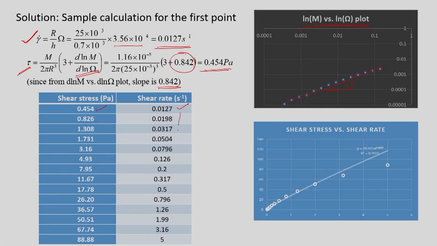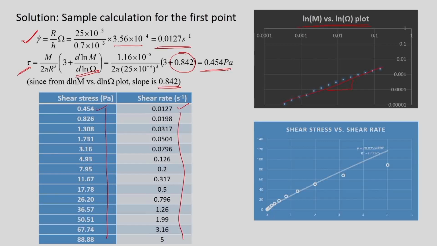Similarly, in other cases also you can get the shear stress versus shear rate information, tau versus gamma dot. This converted information, obtained from M versus omega, you can plot.